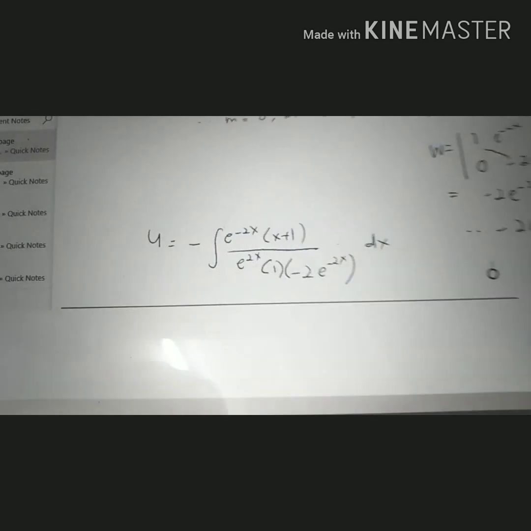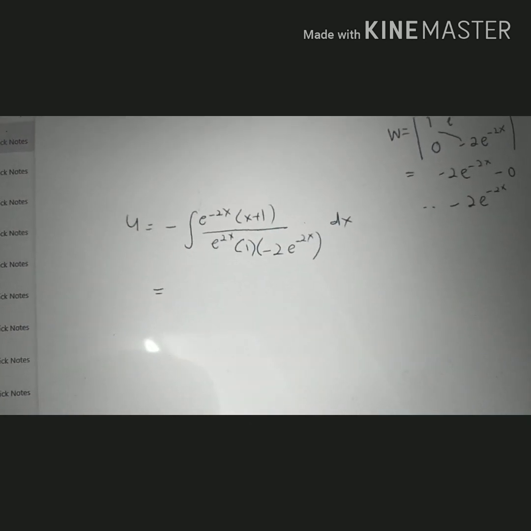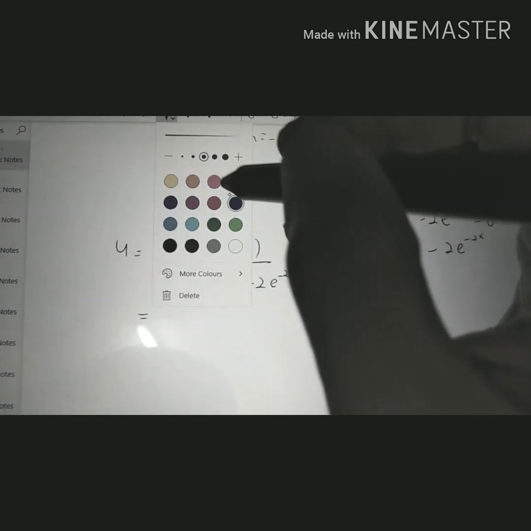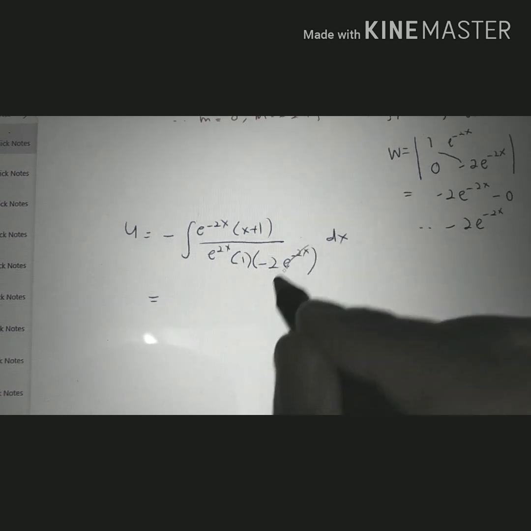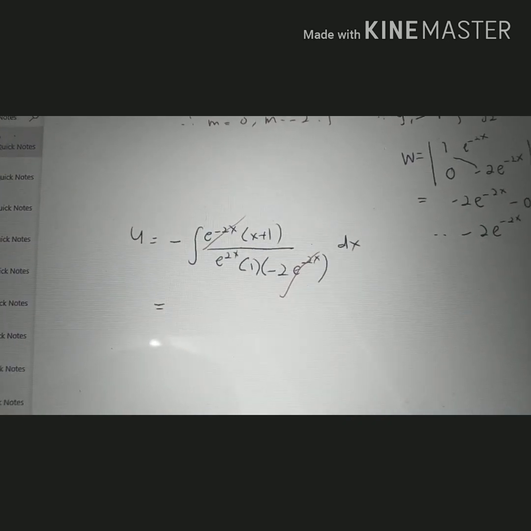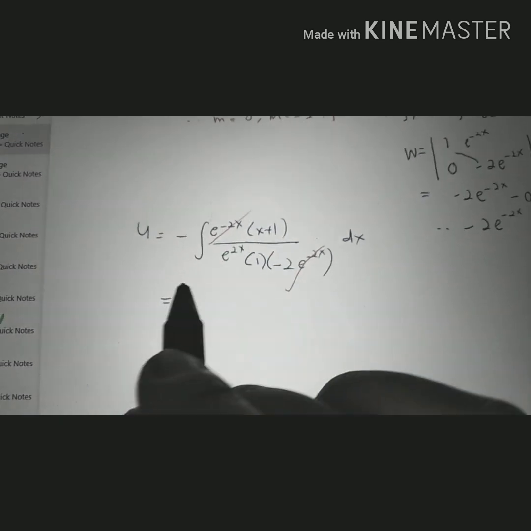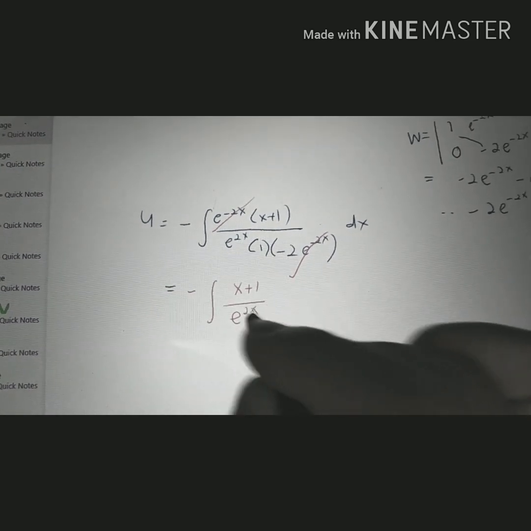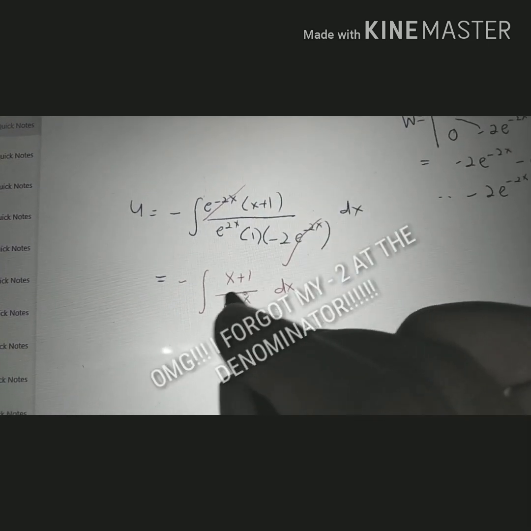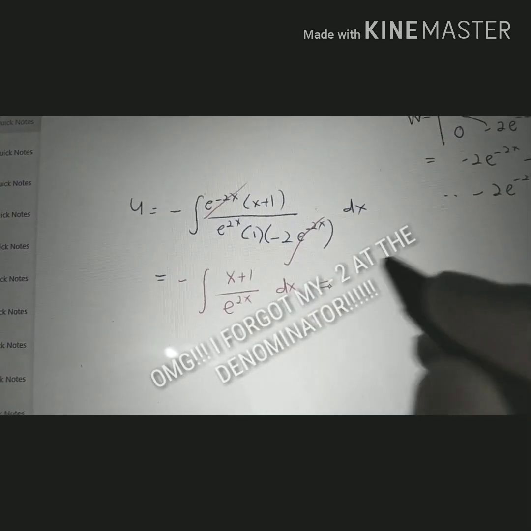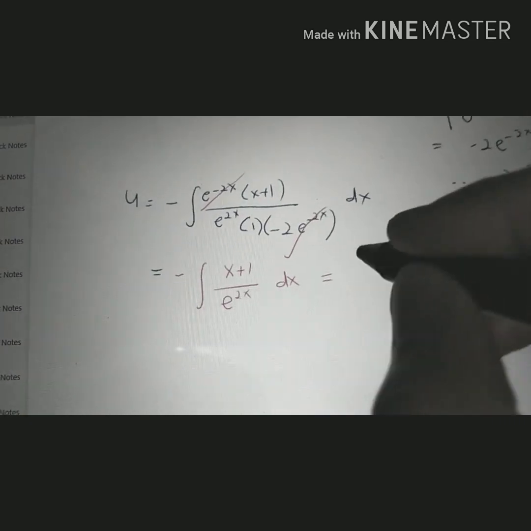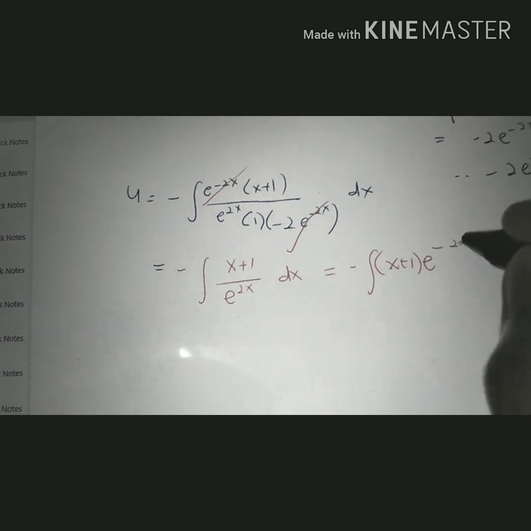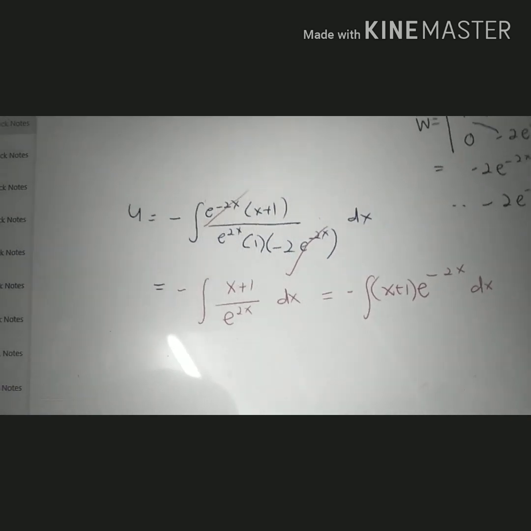Okay, so we try to simplify first and then we find the solution. e to the negative 2x is just the same as this one, so they cancel out. So I have negative integral of (x plus 1) over e to the x dx. So you can bring e to the x to your numerator. So you have the integral of (x plus 1) e to the negative x dx.